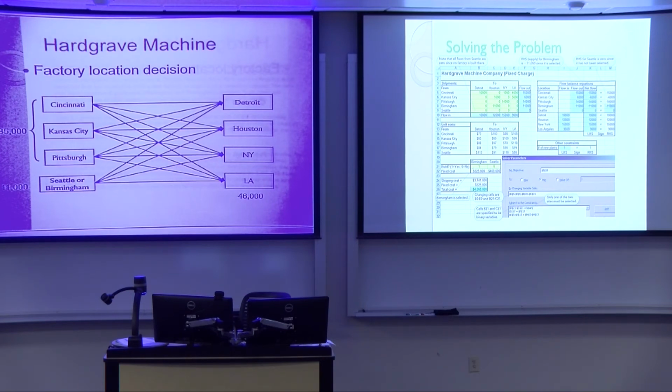So if you look at the flow in and the flow out, the flow out from Seattle is equal to 0. And out of Birmingham, it's equal to 11,000. That's the difference, okay? So at the end, you will see the flow balance equation in Seattle also, the left-hand side equal to 0, right-hand side also equal to 0, okay? Are we good?